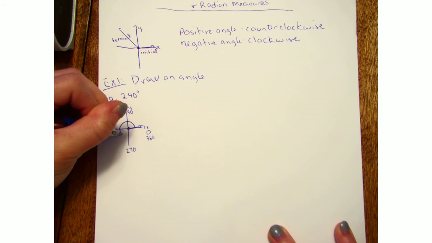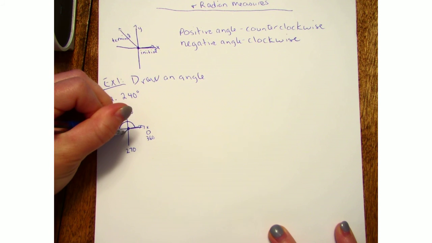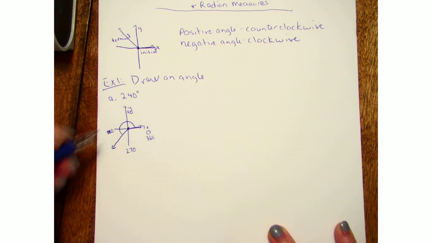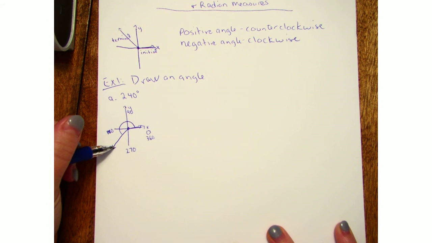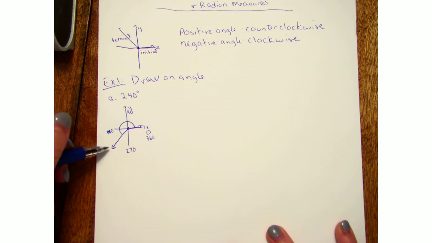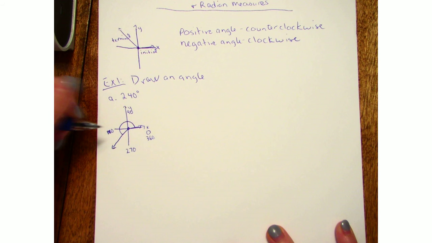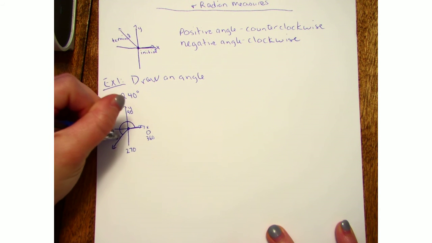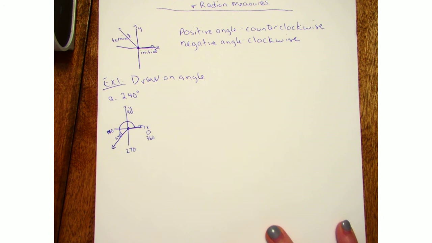So we're going to be about halfway through, because 180 plus 60 is 240, and then plus 30 is 270. So it's a little bit more than halfway to your 240 degrees. Simple as that.